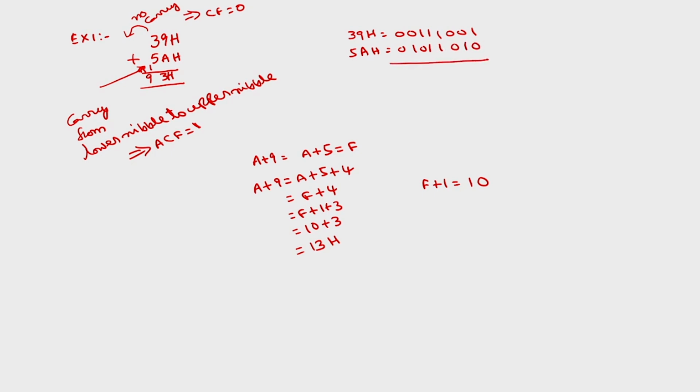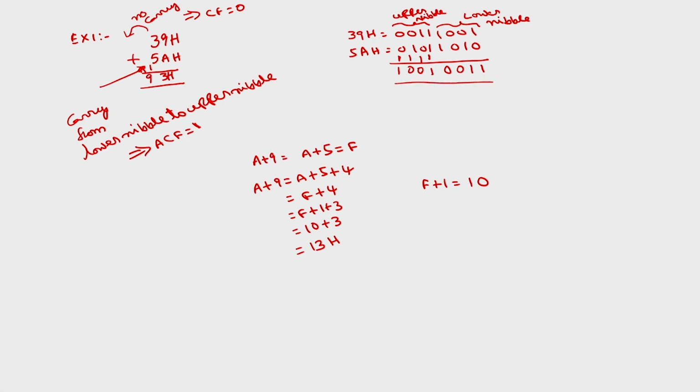If you perform the addition, this is the lower nibble, this is the upper nibble. 1 plus 0 is 1, 0 plus 1 is 1, 0 plus 0 is 0, 1 plus 0 there will be a carry. So 1 0, 1 plus 1 plus 1 is 1 1, 1 plus 1 is 1 0, this is 1, this is the result. So this is the same as this, 9 3.